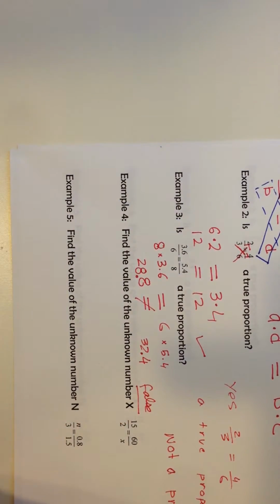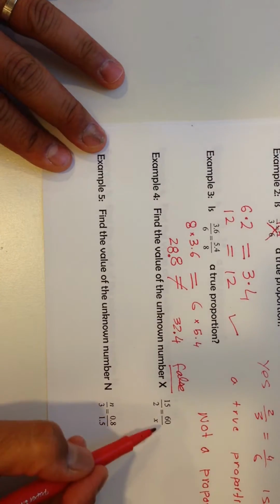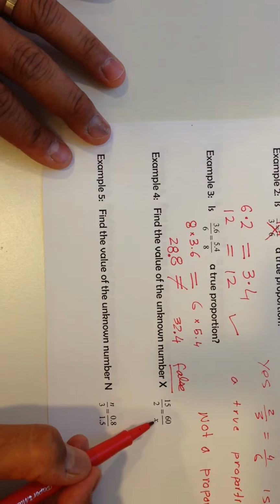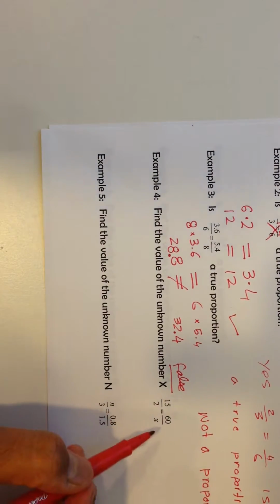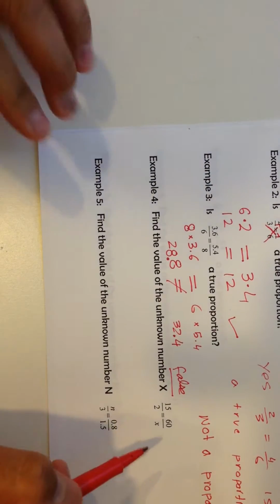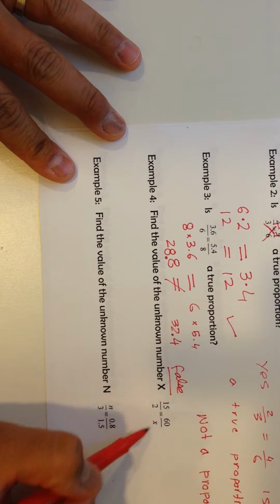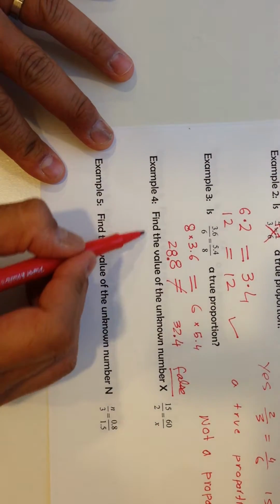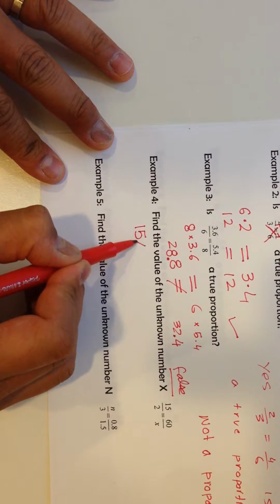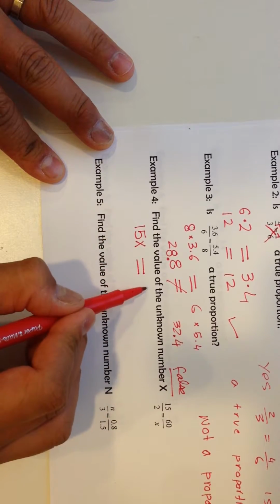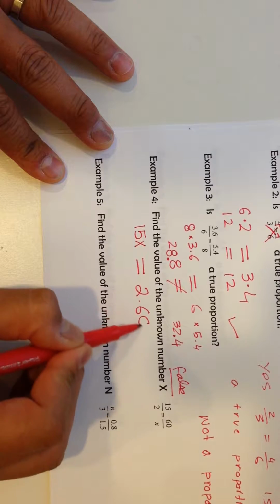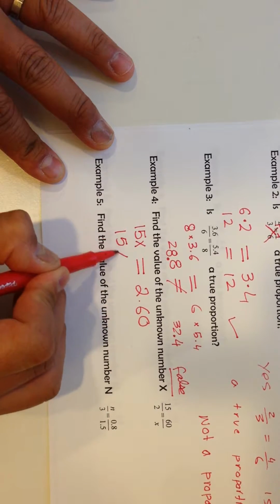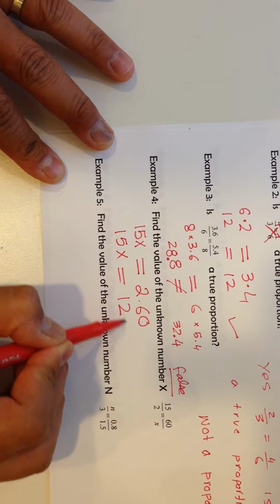One of the big things about proportion is to find the missing value. The missing value could be an x, it could be an n. In this case, example 4, the missing value is x. So we cross multiply to start the process. So cross multiply: 15x equals 2 times 60. 15x equals 120.